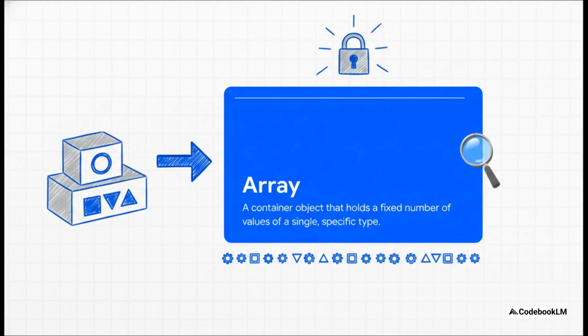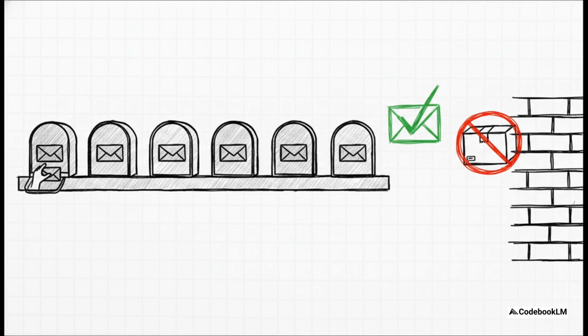Okay, so here's the official textbook definition. An array is a container that holds a fixed number of values of a single specific type. Now, those two words, fixed and single, are super important, and we're going to come back to them. But first, let's make this whole idea way simpler. Forget the jargon. I want you to just picture a row of numbered mailboxes, like at the post office.